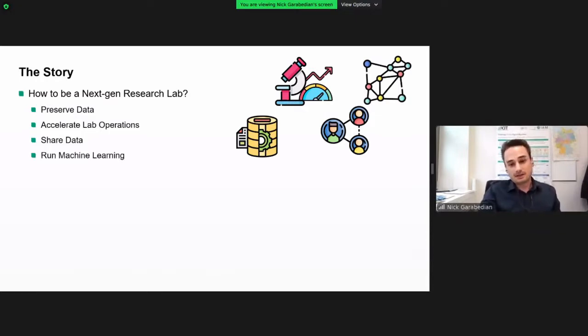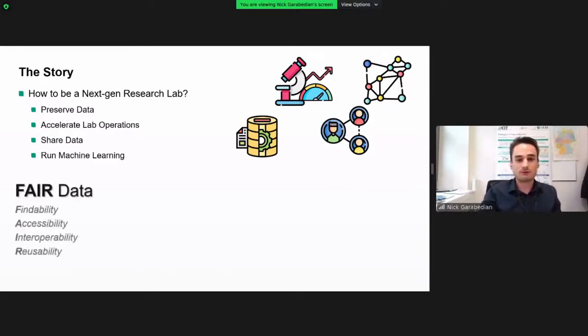Now, because big data has 1,000 definitions probably, a more specific and somewhat actionable goal for us became FAIR data. And to those of you that are hearing this for the first time, FAIR data is an acronym of findability, accessibility, interoperability, and reusability, which are a set of principles and guidelines to observe when dealing with data. And the overall outcome of using these is that communication with other researchers becomes easier.